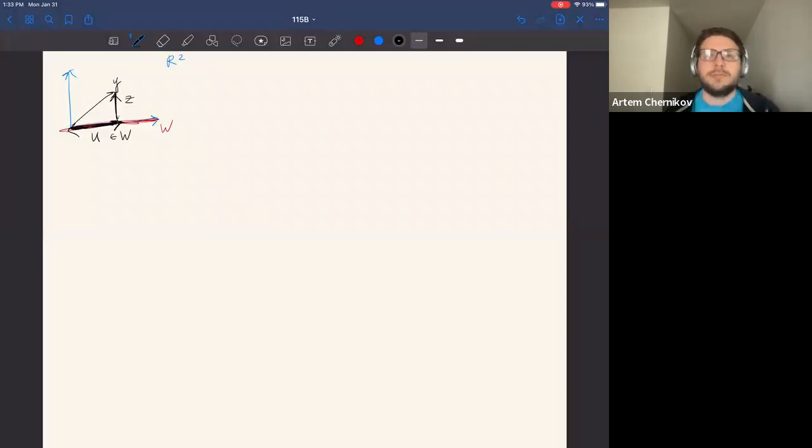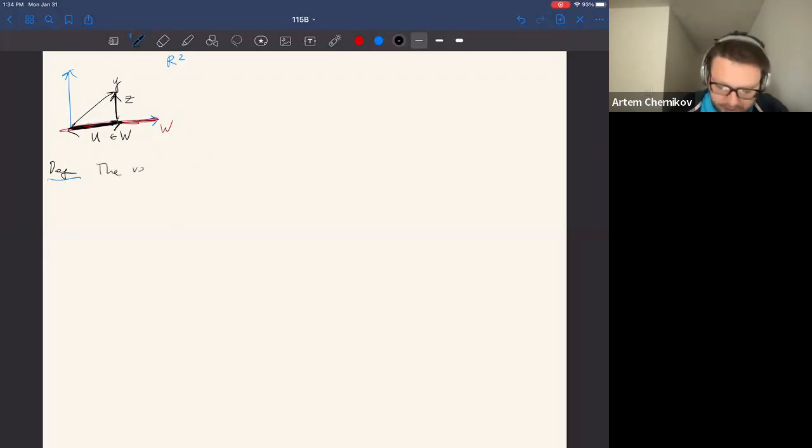All right. Okay. So given this idea that we can split a vector like this, we can talk about the orthogonal projection of a vector onto a given subspace. So let's make this definition precise.